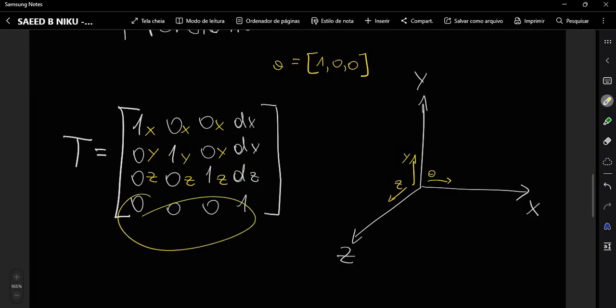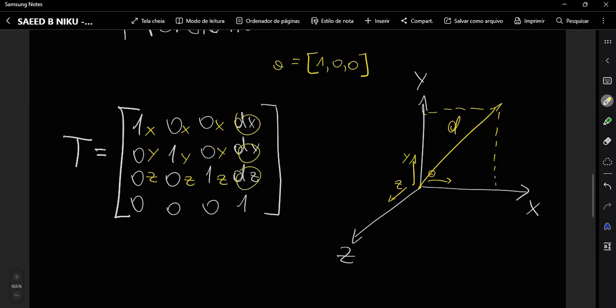Okay, and as I said, this other row is added, the scale factor, and this fourth column is the three components of the pure translation, which is the vector d. Now imagine that you have this vector d, and now this vector is decomposed on the components of this reference system.